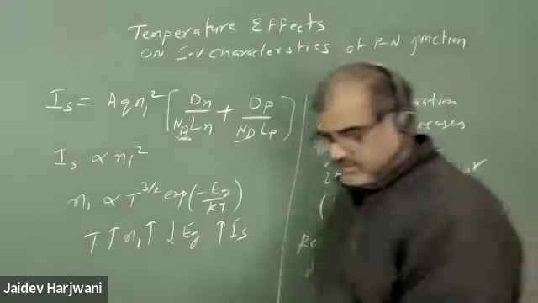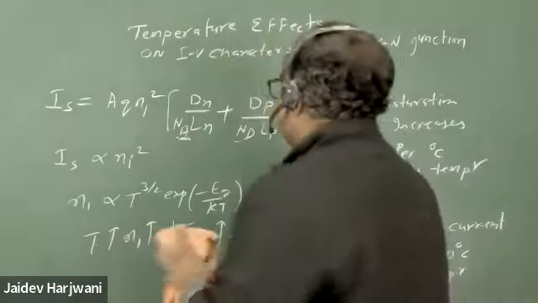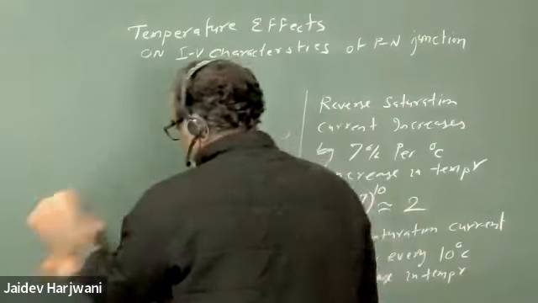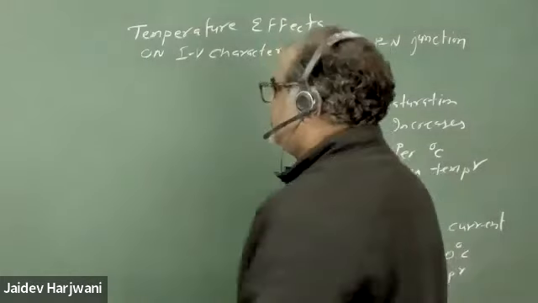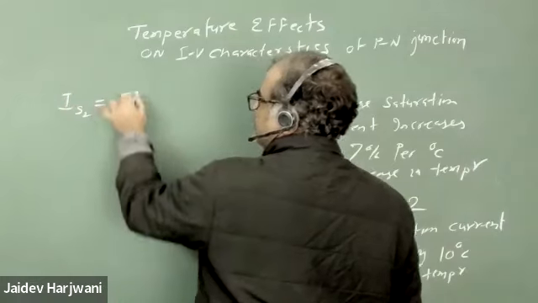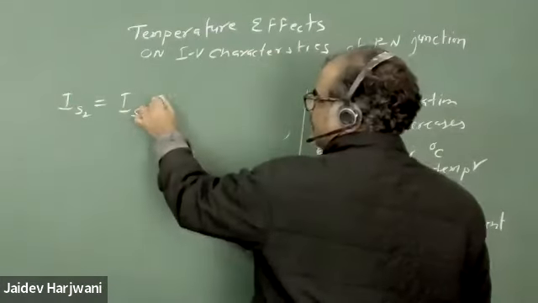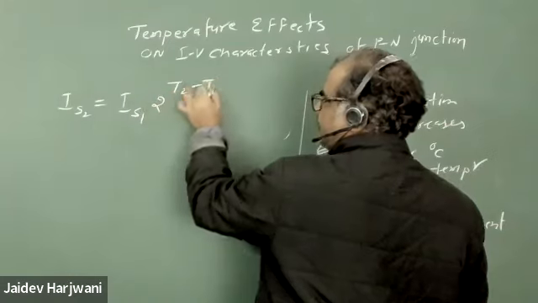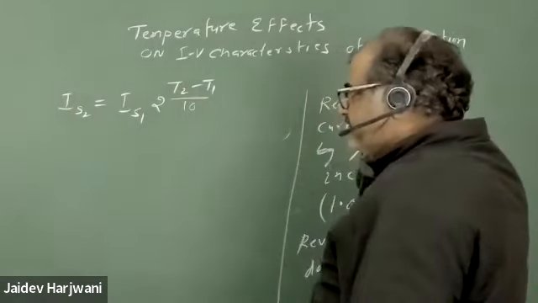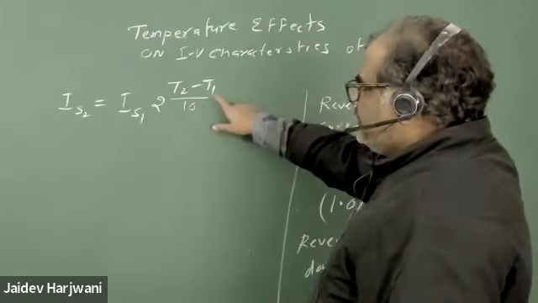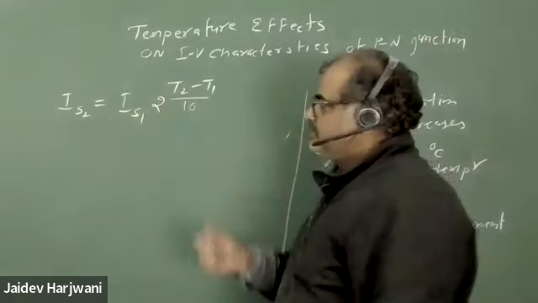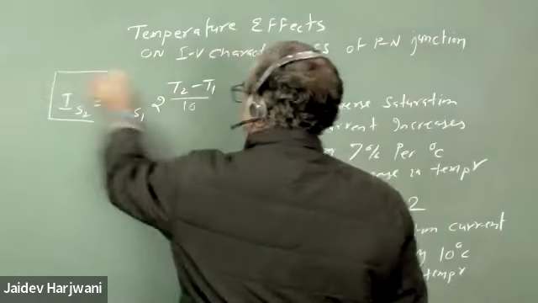So if I write the expression for IS as a function of temperature, IS2 is equal to IS1 times 2 to the power (T2 minus T1) divided by 10. Whenever the difference is 10, my current becomes double. This is an important relation you should remember.